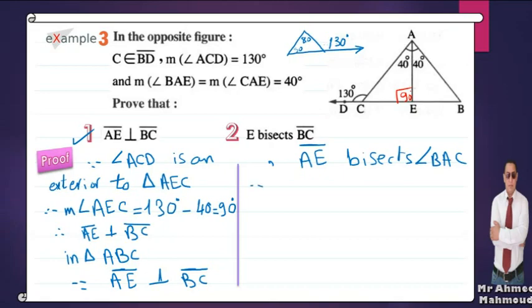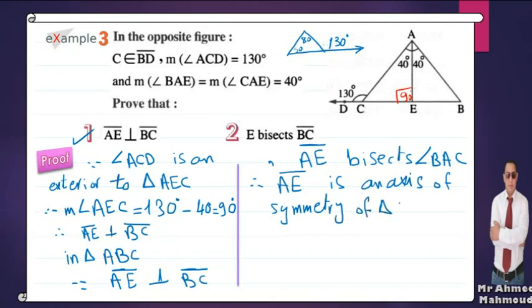Therefore, AE is what? Is an axis of symmetry of triangle ABC.